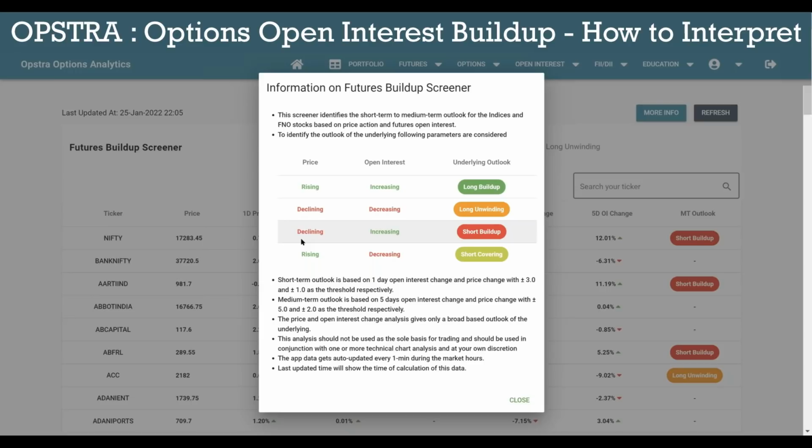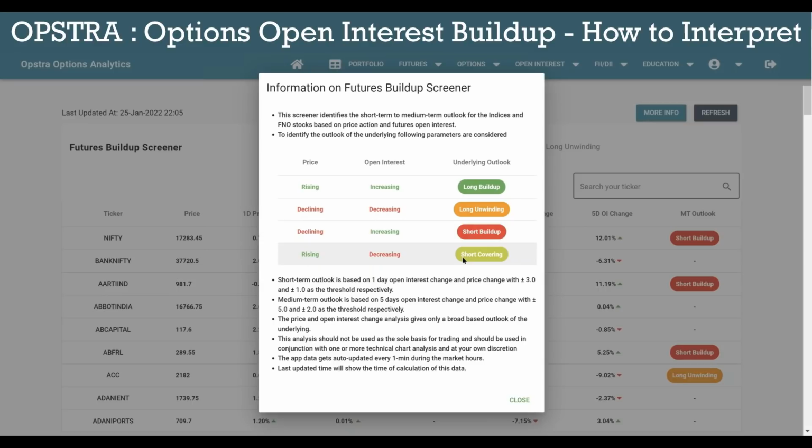So they build up short positions in the put options, and there's an increase in open interest. But when they build up these positions, there's selling pressure created, and as a result there's a decrease in price. So if there is an increase in open interest accompanied by a decrease in option price, then we call it short build-up.